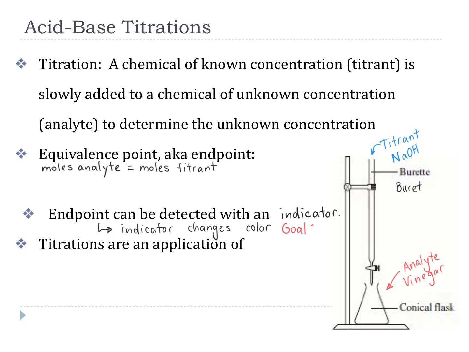That pale pink is the indication that we have reached our endpoint, so that our moles of vinegar in the container are equal to our moles of sodium hydroxide that have been added from the burette. The math that you're going to see in this video is all just really a review of stoichiometry. Titrations are just a specific application of stoichiometry.